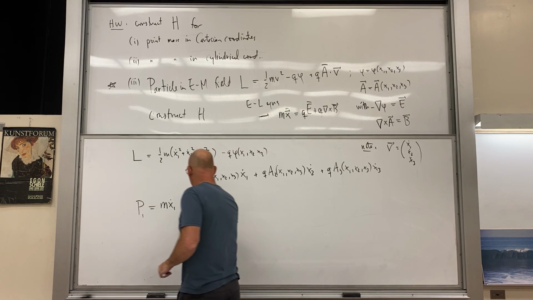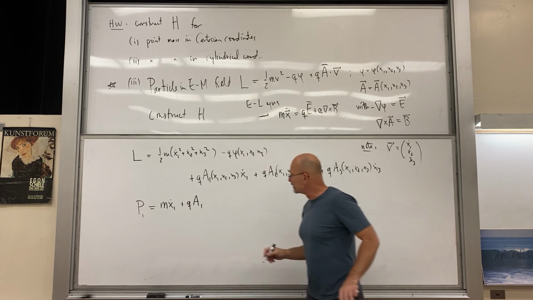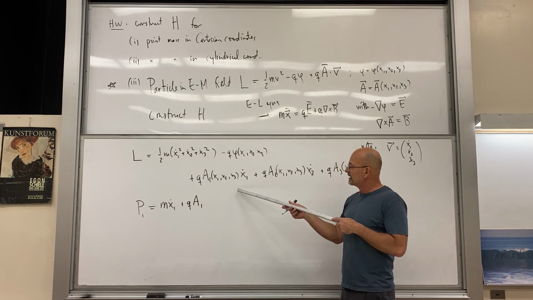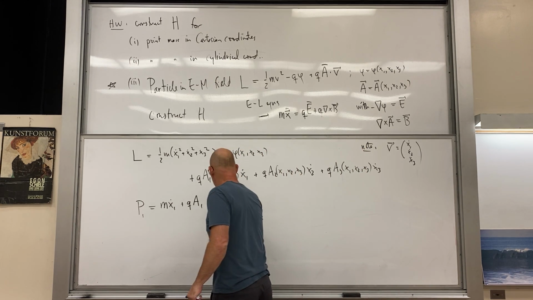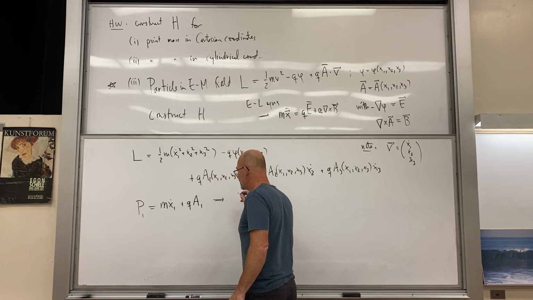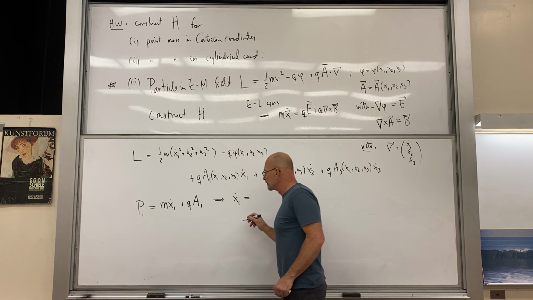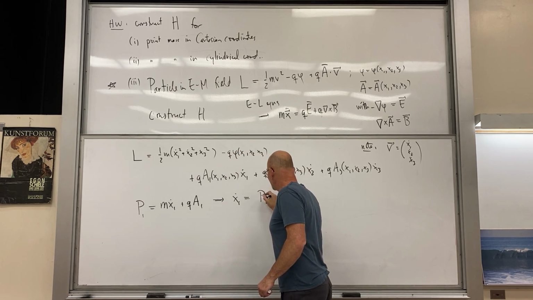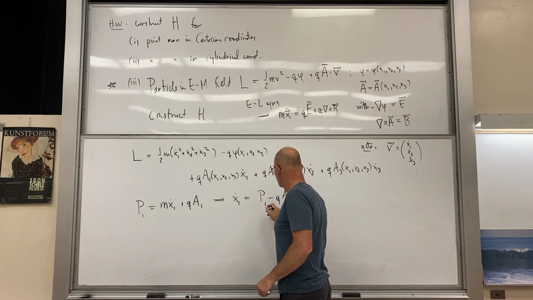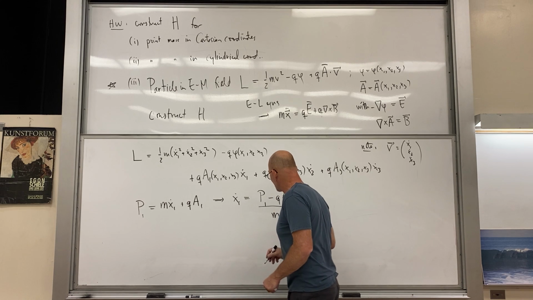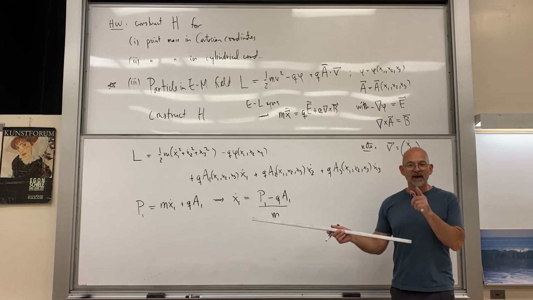So it's plus q A sub 1. I won't write down the arguments, okay? So that's p sub 1. So your x1 dot is equal to p sub 1 minus q A sub 1 divided by m, etc. I'm pretty much giving it all away, but that's all right.